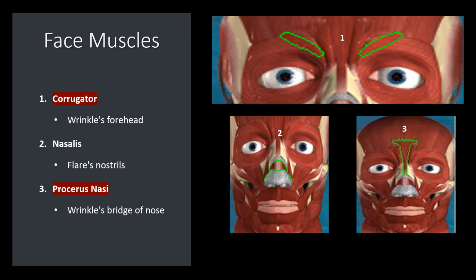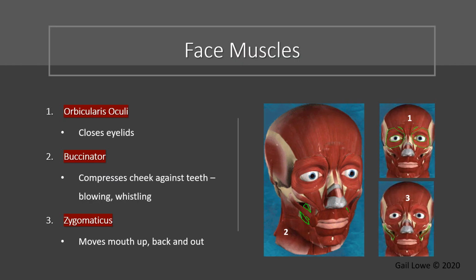So say after me, corrugator, nasalis, procerus nasi. So they tend to wrinkle the forehead, flare the nostrils, and wrinkle the bridge of the nose, a bit like Samantha in Bewitched.